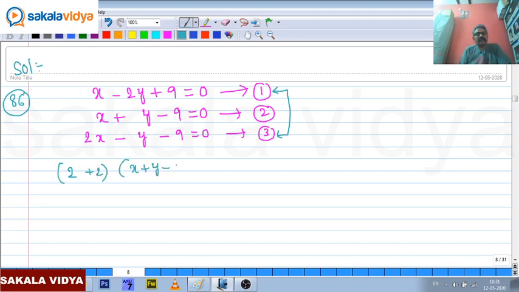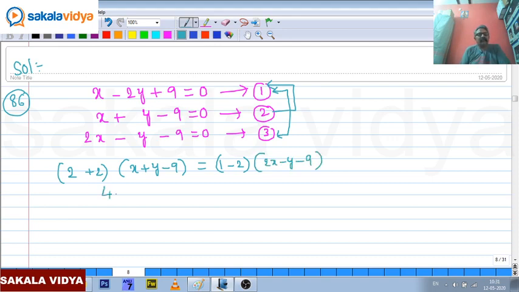X plus y minus 9 equals to, this time you do one thing, take these two equations, that is 1 into 1, 1 minus 2 into this third equation, write down 2x minus y minus 9.